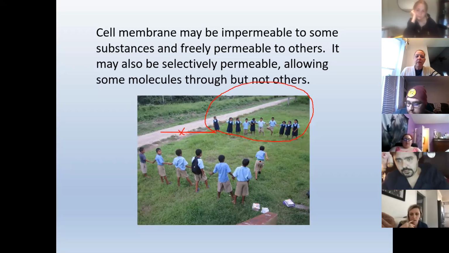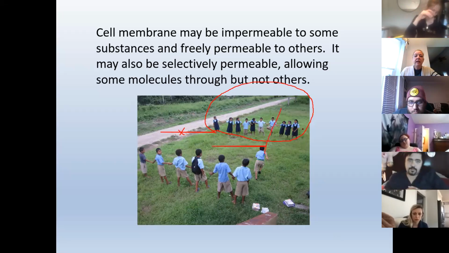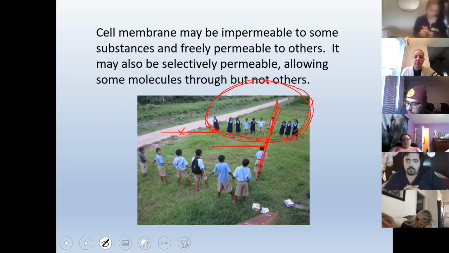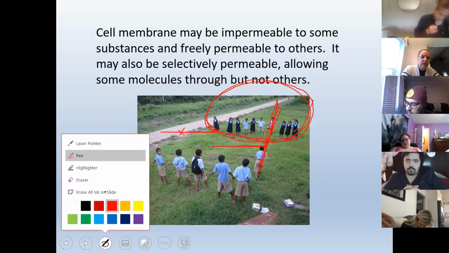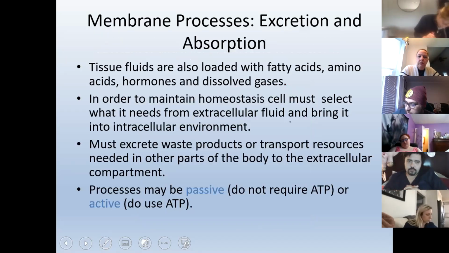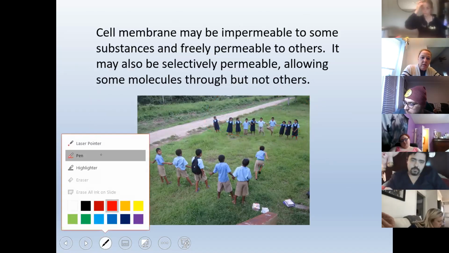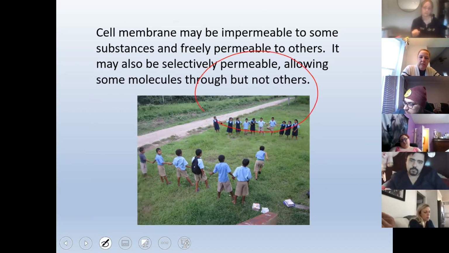And then this person goes running full tilt, and a couple of things are potentially going to happen. They're going to break through very easily, meaning that this cell membrane was permeable, very easily able to break through. So there's my cell membrane.